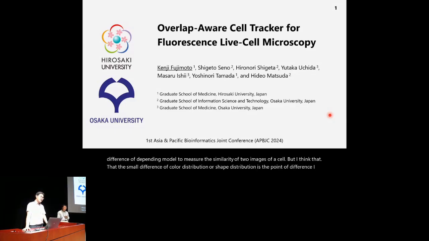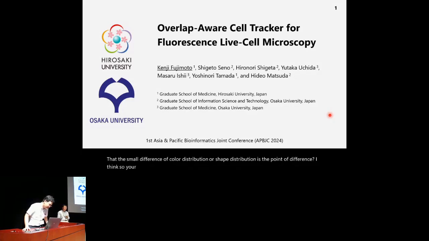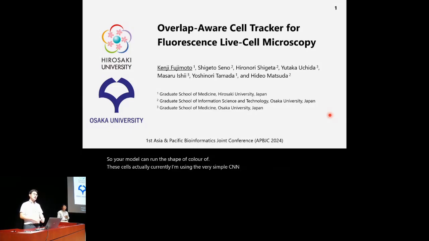So your model can learn the shape or color of these cells? Yeah, actually, currently I'm using a very simple CNN model, but using a more complex or more sophisticated model, you can consider more complex features. Thank you.